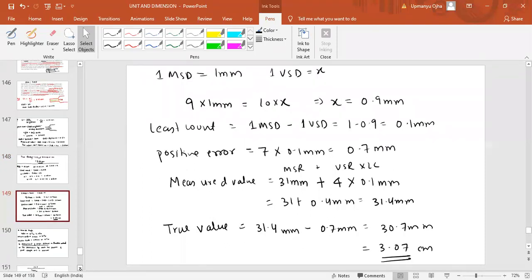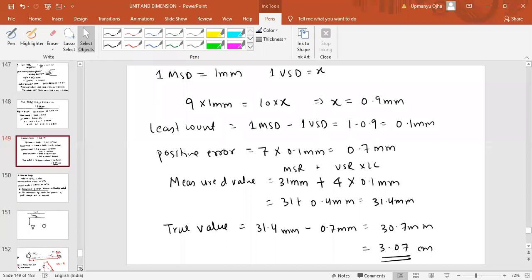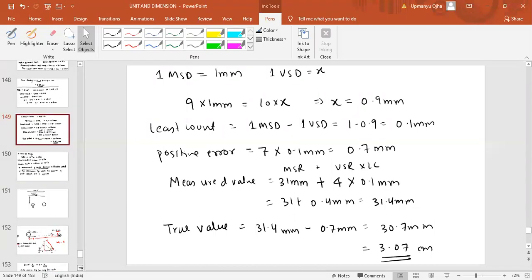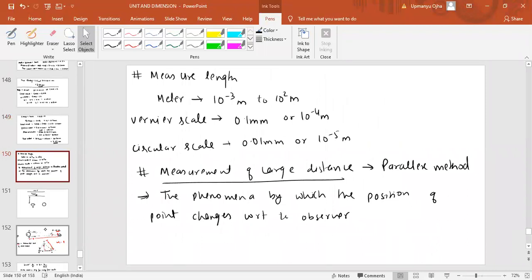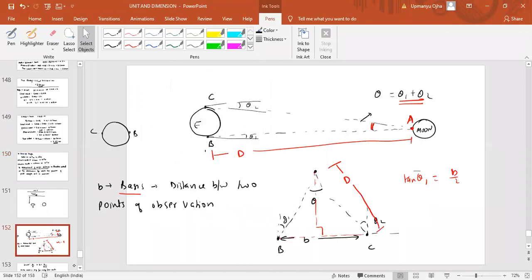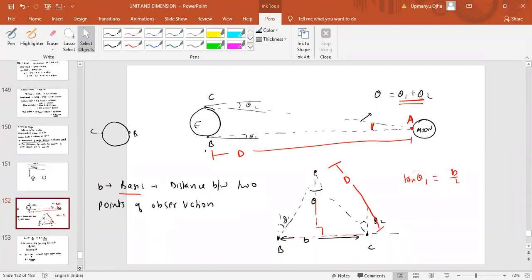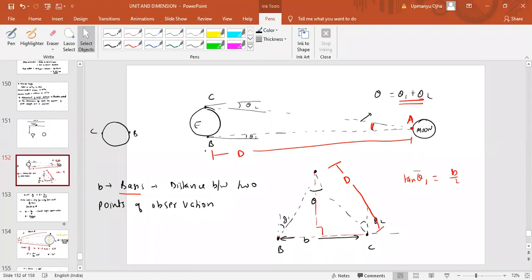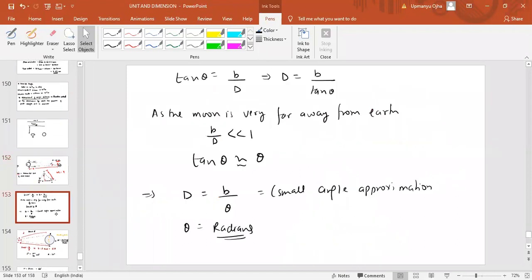A parallax method can be asked, but the other method will not be asked. Some topics are there in NCERT which are not asked in the NEET exam. I will only tell the topics which are asked in the NEET exam, that is useful for you.